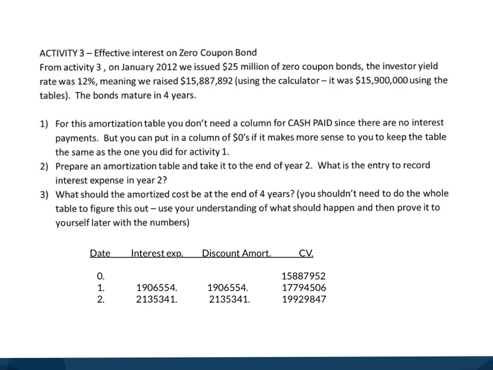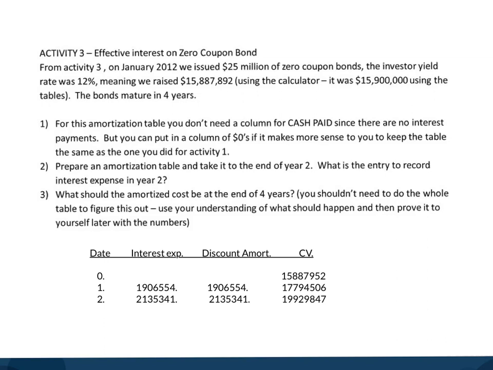So just to make sure you know where I got my numbers, this is my carrying value to start with. I got the interest expense the same way we've gotten the interest expense before. The interest rate, which in this problem is 12%, times the carrying value. So you can check that math. 12% times 158,87952 is going to give us the 190,6554.